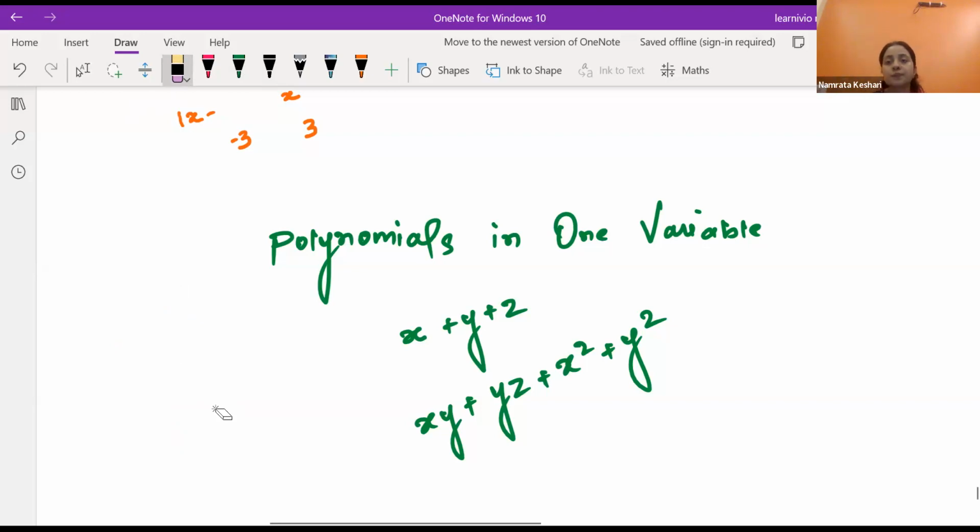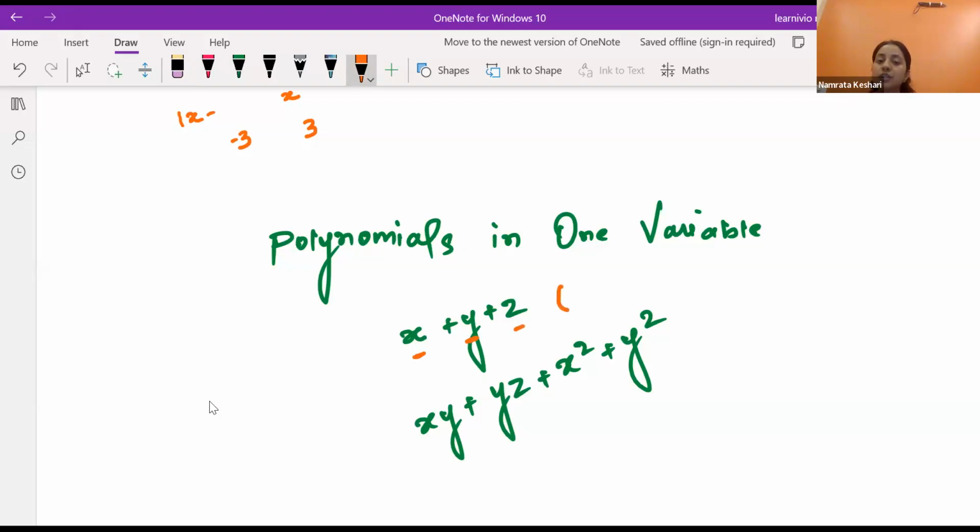Now there are two most important criteria which will help us identify a polynomial. First criterion is polynomial in one variable. So this chapter is all about one variable. In the first algebraic expression, clearly we can see the x variable, y variable and z variable.